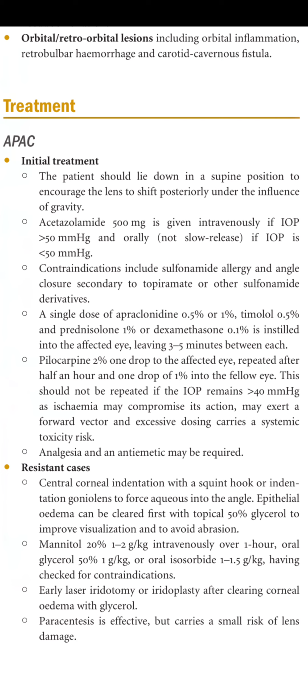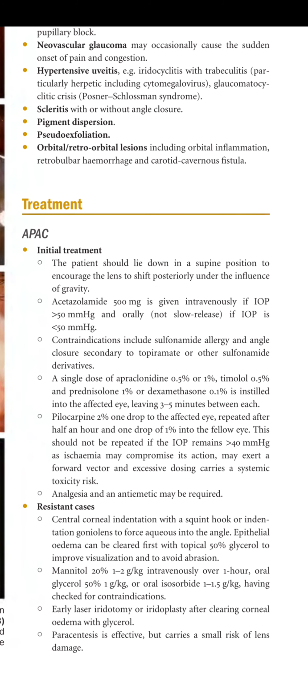Acetazolamide is a carbonic anhydrase inhibitor. It will decrease the IOP. Contraindications include sulfonamide allergy and angle closure secondary to topiramate or other sulfonamide derivatives. So we do not give acetazolamide in sulfonamide allergy.